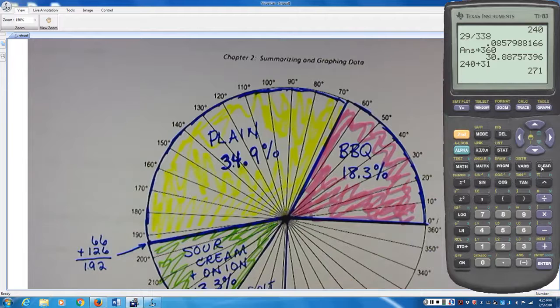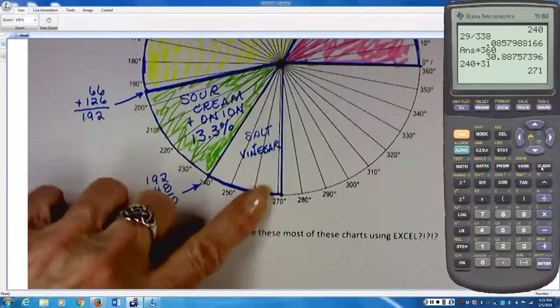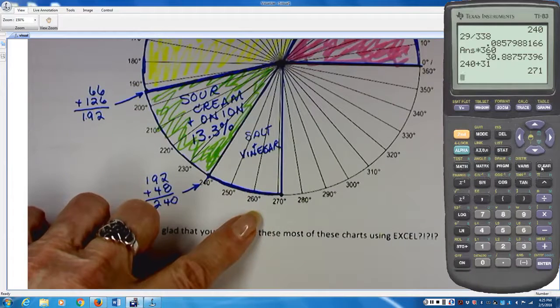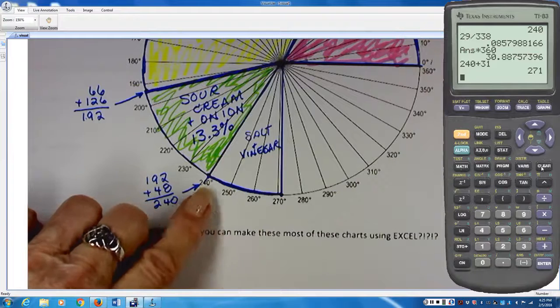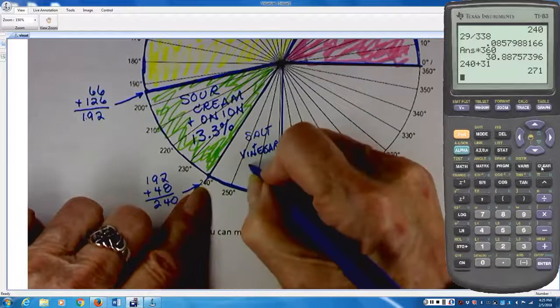So this is salt and vinegar, and it is about 8.6%.